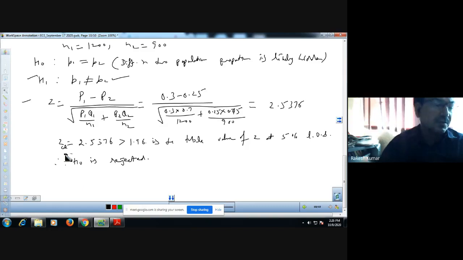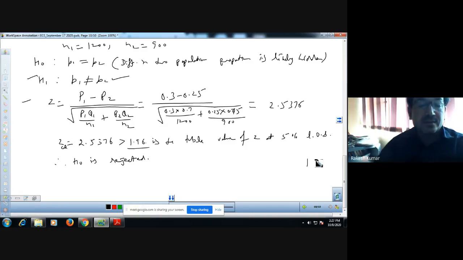Now, the question comes that at 5% level of significance, the value is 1.96. But at 1% level of significance, let us check the value. For a two-tailed test at 1% level of significance, it comes out to be 2.58.